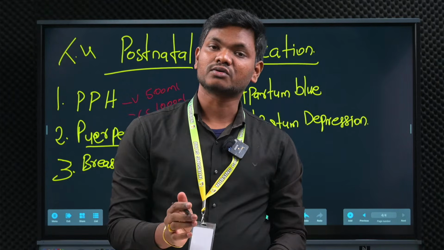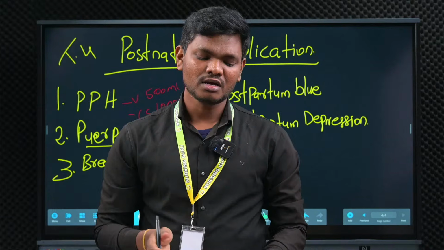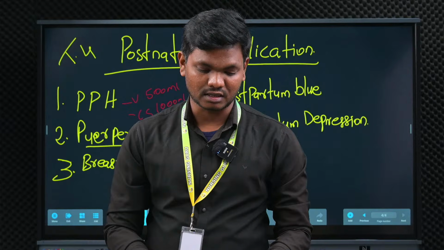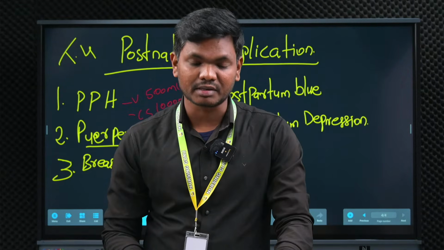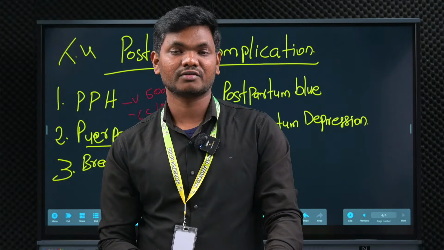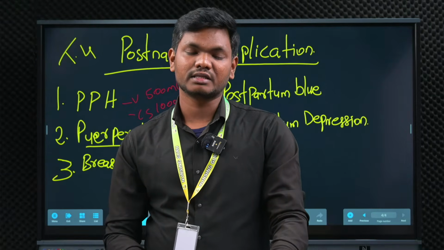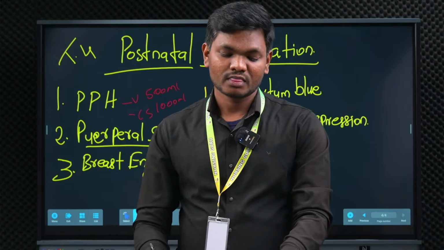As I told, every 2 to 3 hours the mother should feed the baby. When she is not feeding within 2 to 3 hours, that may lead to the condition. The next one is wearing tight clothes. And next one is a high salt diet. When the mother is taking a high level of salt, that may be a reason for breast engorgement.